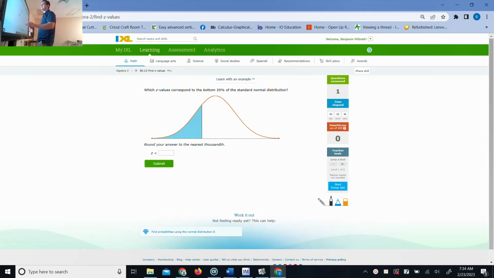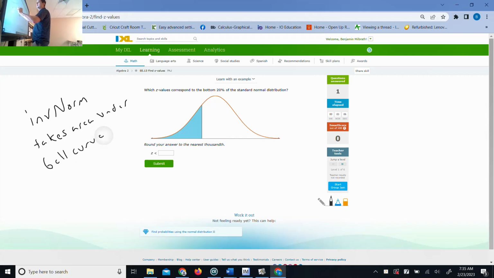You're going to use a function called inverse norm. The inverse norm takes the area under the bell curve and returns what's called a z-score.